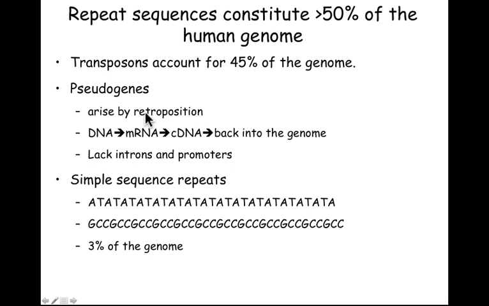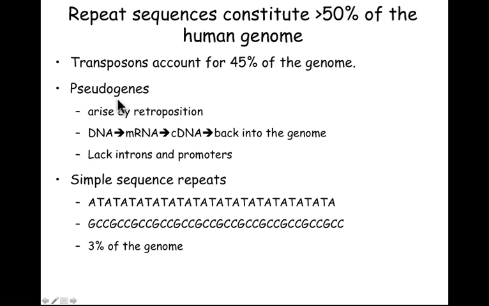We talked about this a little bit with transposons, but occasionally DNA can get transcribed into a messenger RNA. But then what's not typical is that it can get reverse transcribed back into a DNA copy, and then those occasionally will get integrated back into the genome.